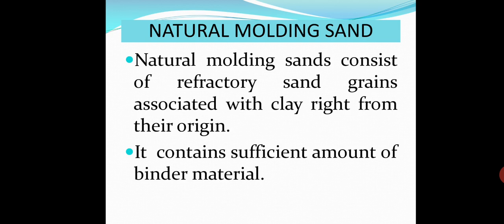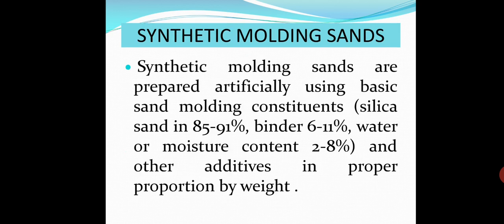It contains sufficient amount of binder material and moisture. But in case of synthetic molding sand, this sand is artificially prepared using basic sand molding constituents which are required to retain the mold.